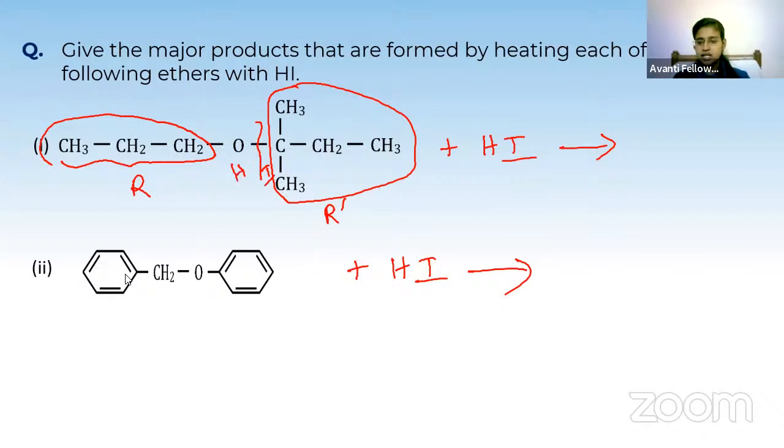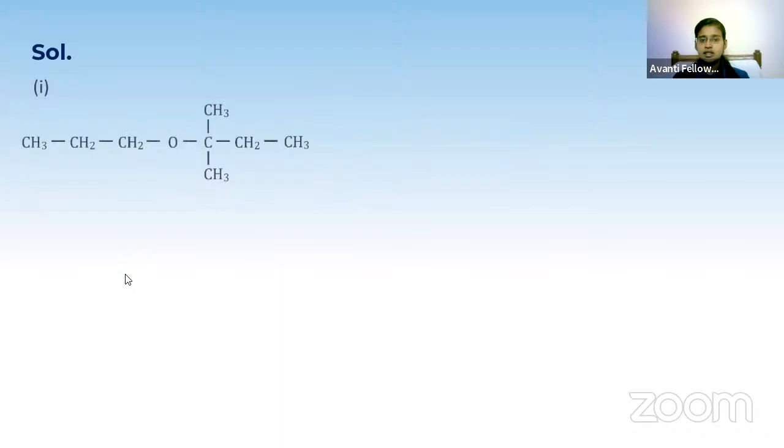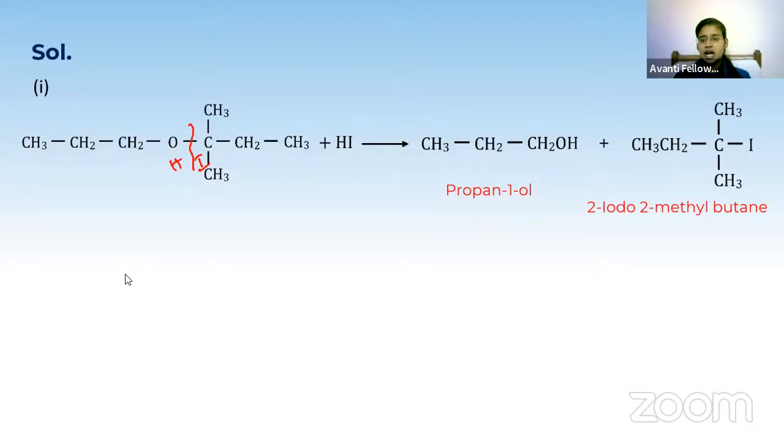So we get alcohol, propanol, and the tertiary iodide compound, 2-iodo, 2-methyl-butane. These are the two products that we obtain. The concept that we have to use is the stability of tertiary carbocation.